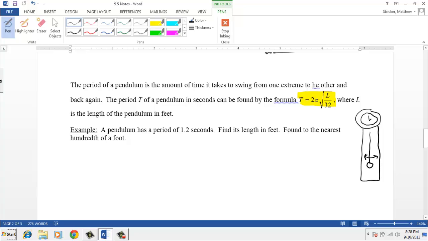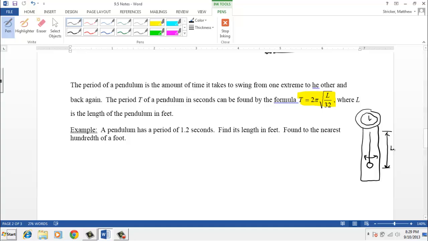It keeps the seconds by the ticking. So the period is the time it takes to swing from one side and back to the same spot. And then L would be how long the pendulum arm is. So this right here would be L. Hopefully you can picture that a little bit better now.